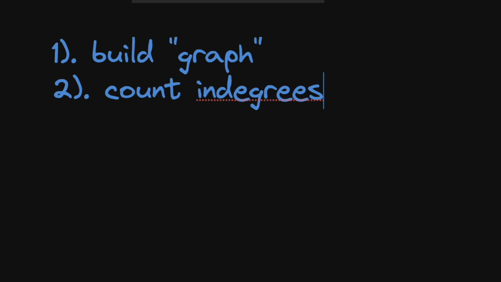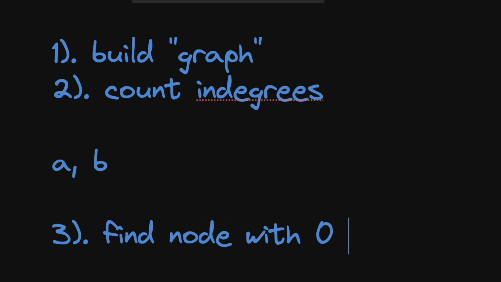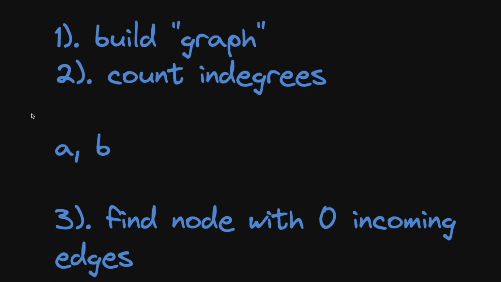We know that for two nodes A and B, if there's an edge from A to B, it means that A is stronger than B. So we're going to keep track of all of the nodes that are stronger than a given node. And then once we have all of that, we can find a node with 0 incoming edges, right? Because that will mean that this node is the champion because there's no node that's stronger than it.